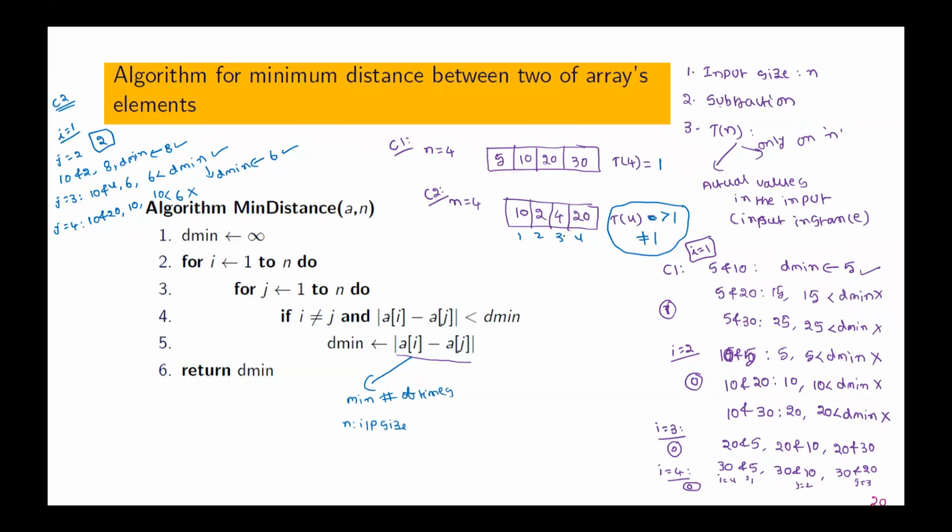Because for each instance, the number of times it is performed is different. So we can even calculate the maximum number of times this operation is performed. Is that correct? The minimum number of times and the maximum number of times that operation is performed.